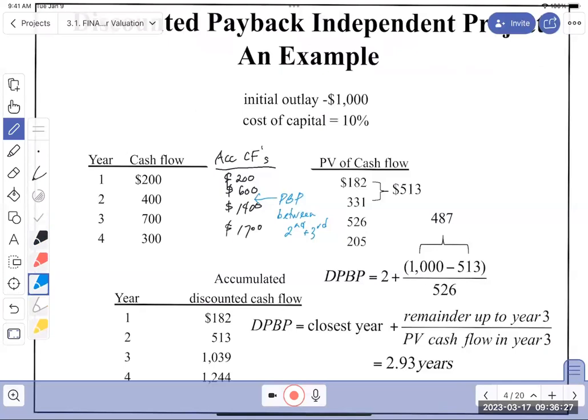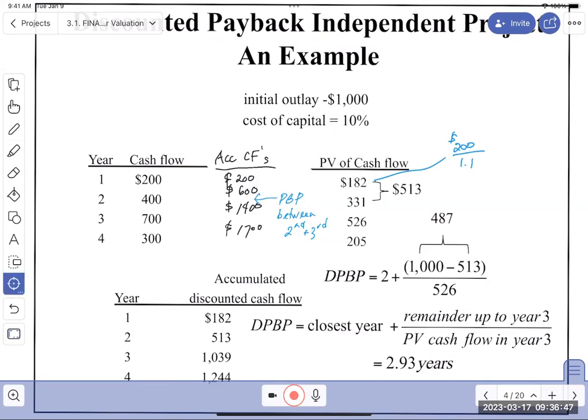I compute 200 divided by 1.1, one period of discounting. Put that in your calculator and you'll see that number. And you can do this in Excel as well. If I have time, I'll show you that, or you can do it yourself.